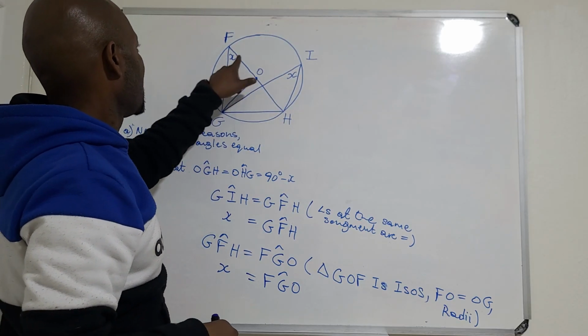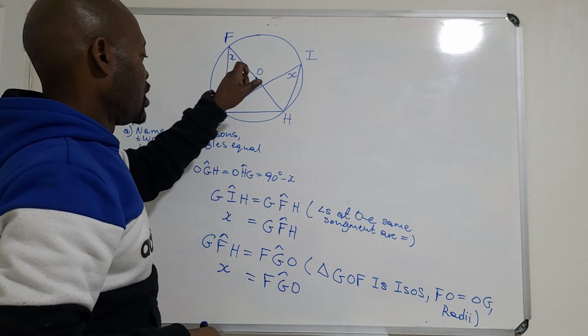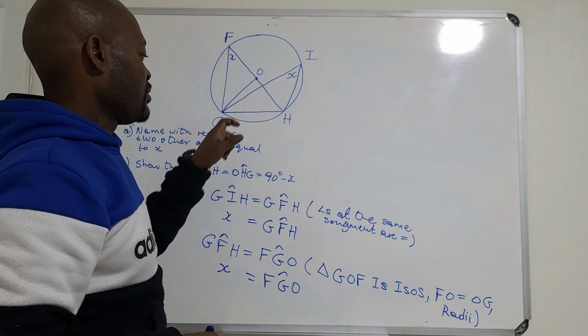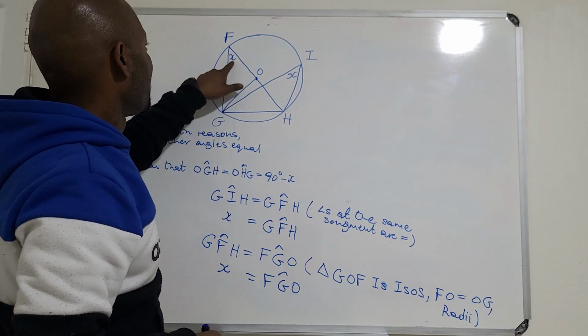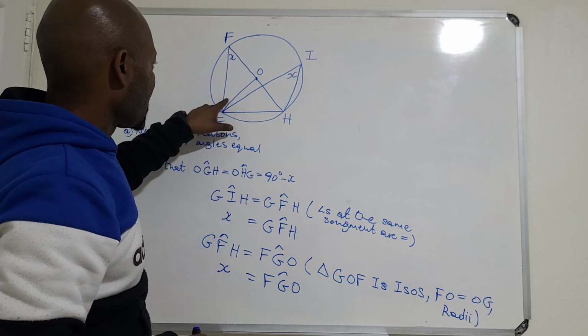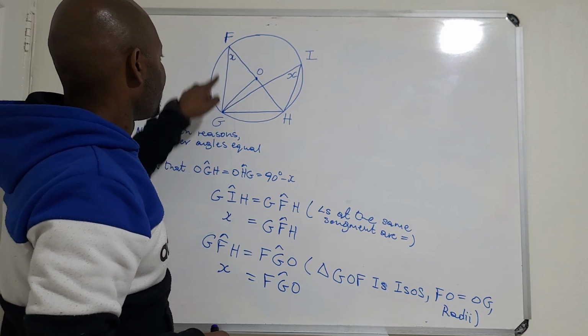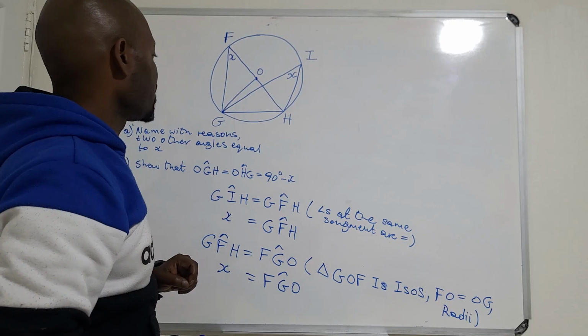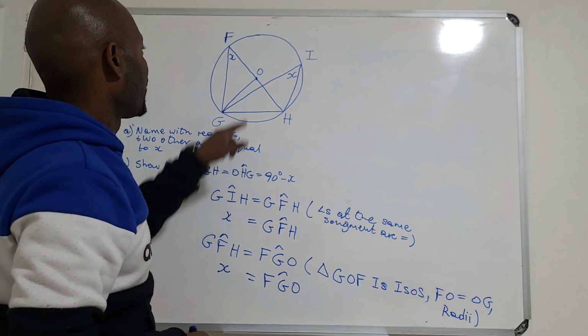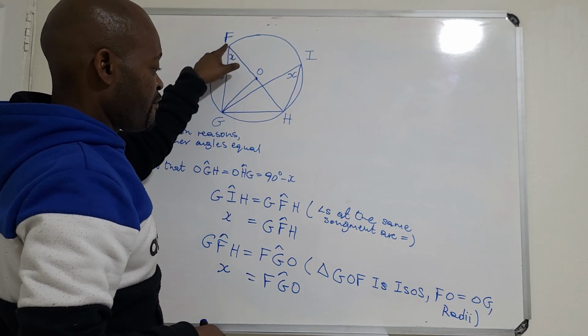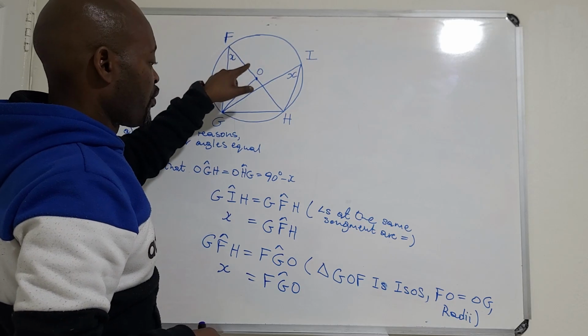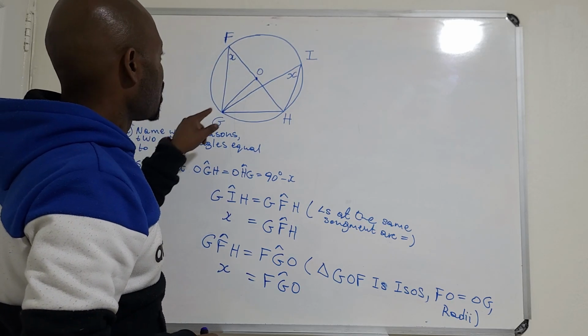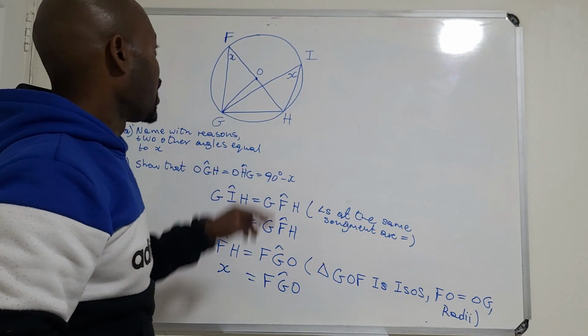So this angle is equal to that angle. Angles at the same segment are equal. This angle is equal to this angle there. OFG is an isosceles triangle with FO equal to OG, radii.